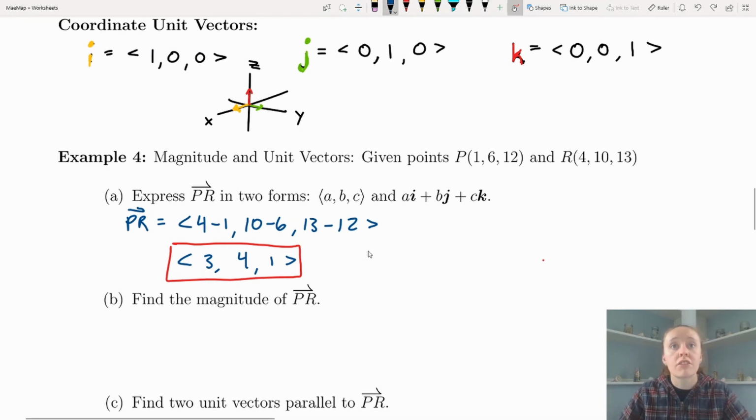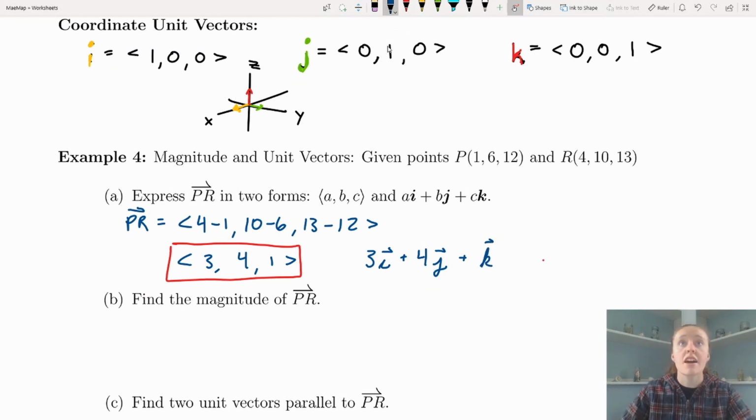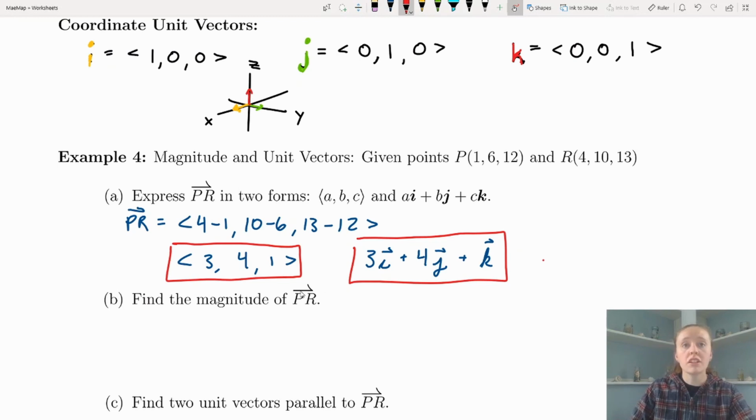So we're going to have 3 times i plus 4 times j plus 1 times k, or simply k. 3, 4, 1, you can see I just multiplied each of those by the appropriate coordinate unit vectors. 3i plus 4j plus k for part A.